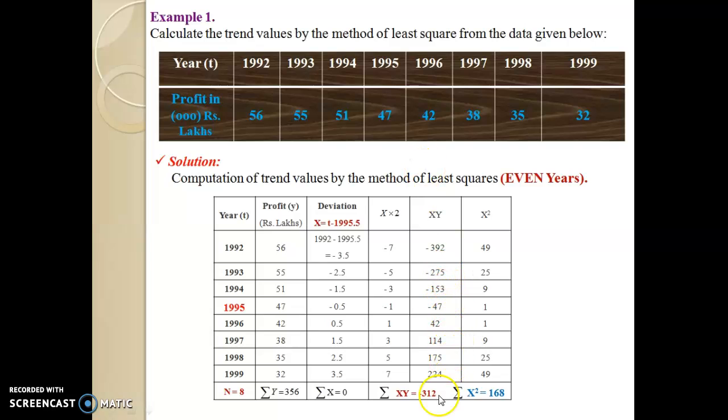X multiplied by y, this becomes summation of xy is equal to minus 312, and the last column, that is x square.